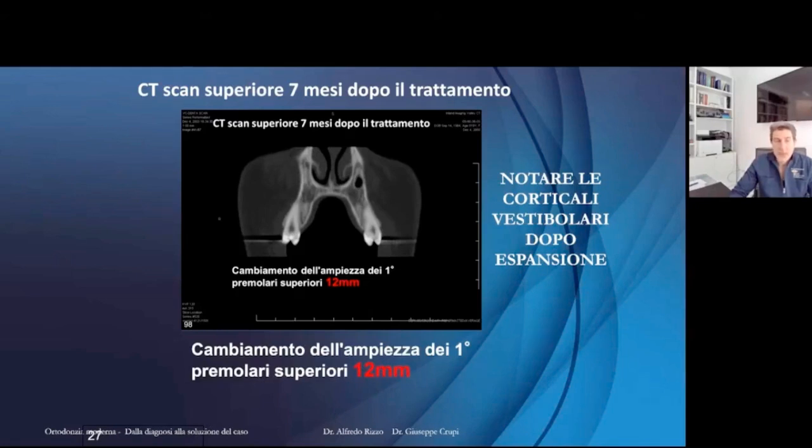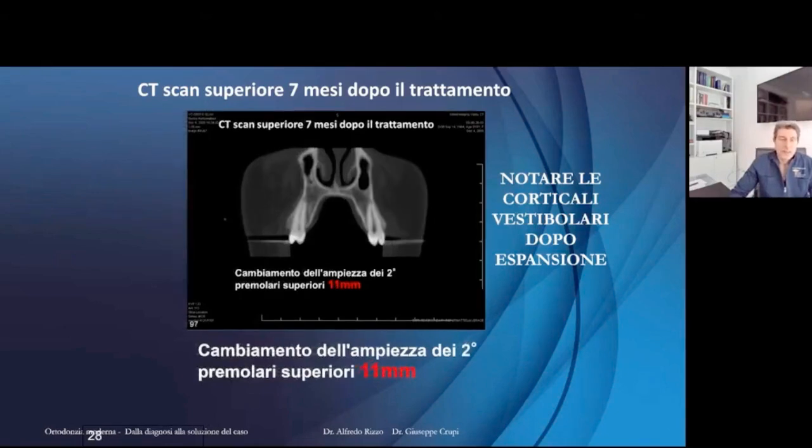Here we can also assess that the axes of these teeth do not look as if they have been torqued excessively, which means that the expansion we have achieved definitely happened at the basal layer, because no other orthodontic system can work at the basal, at the bone level, but can only work at the dentoalveolar level.